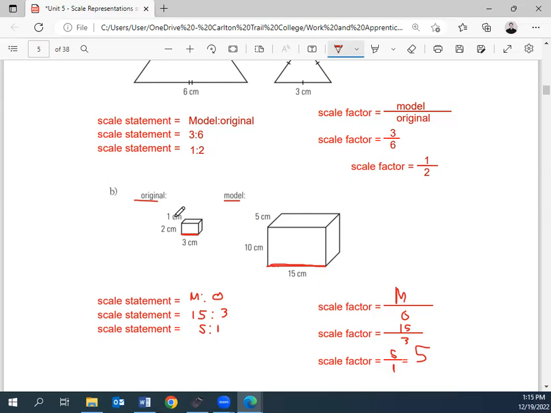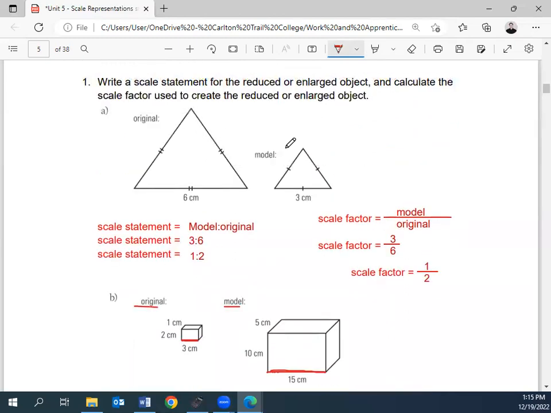So the scale factor is all about, like, 1 to every 1,000, let's say. Sometimes, yeah. So in this case, if we look at our original and our model here, our model is half as big, right? It's half as big as the original.